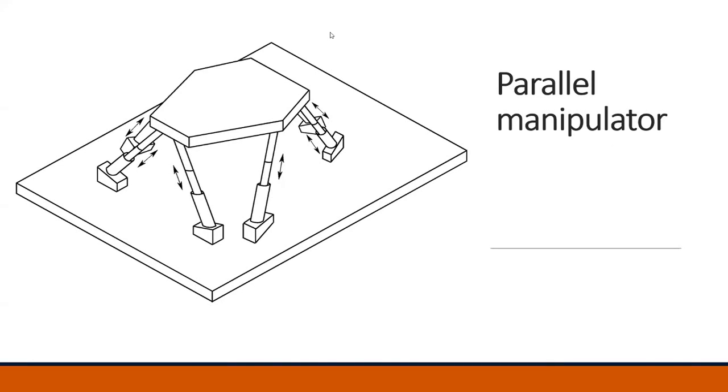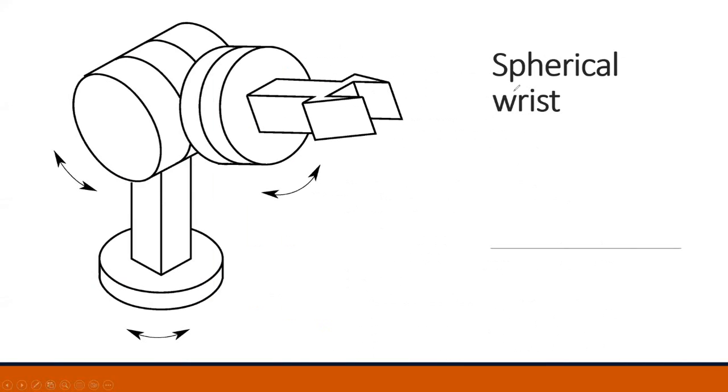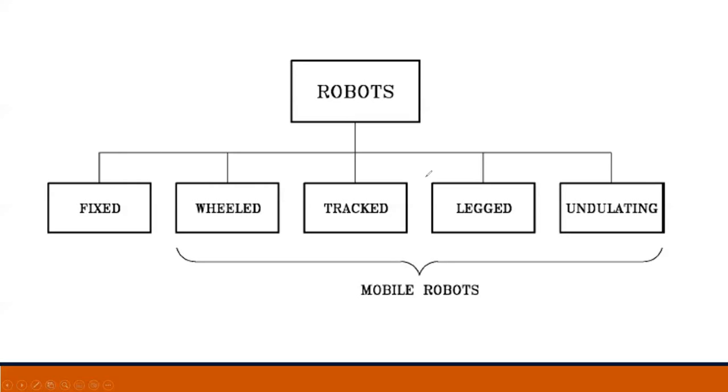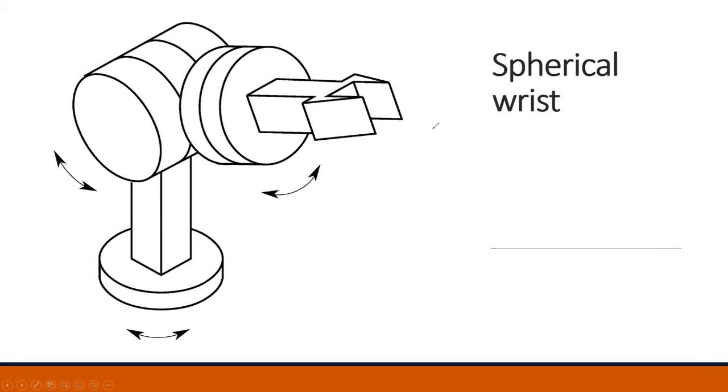That means it's not only one joint or one arm; it may have multiple arms together to control this thing. So we have these different ones. These are the basic different types of robots.